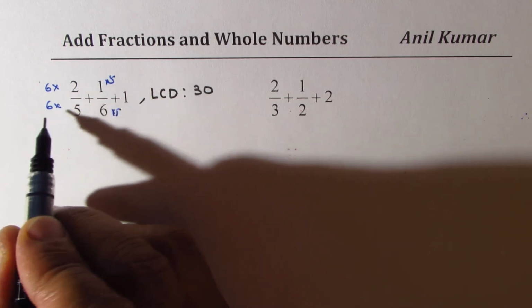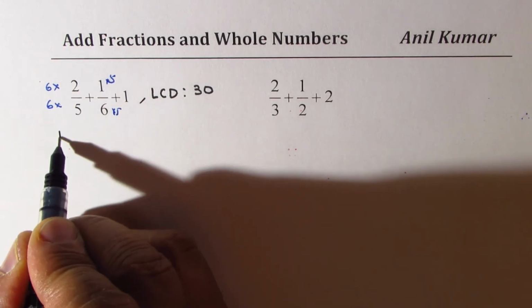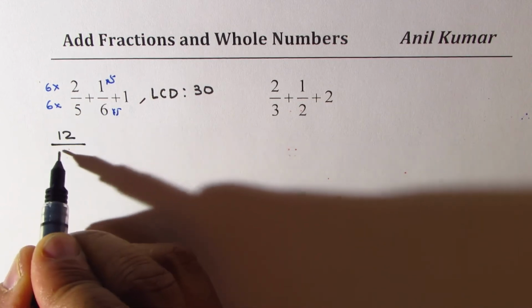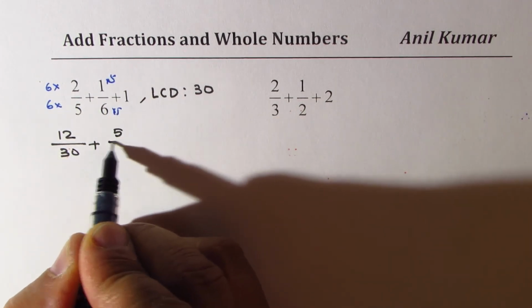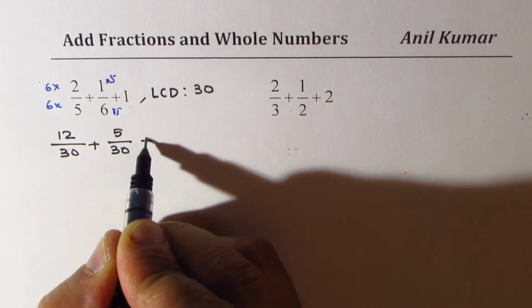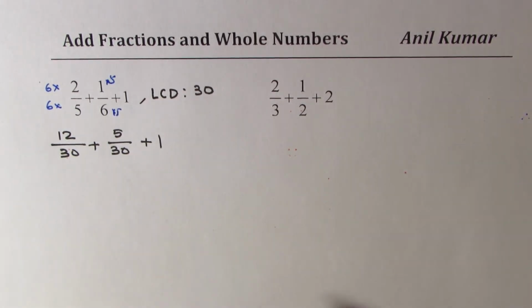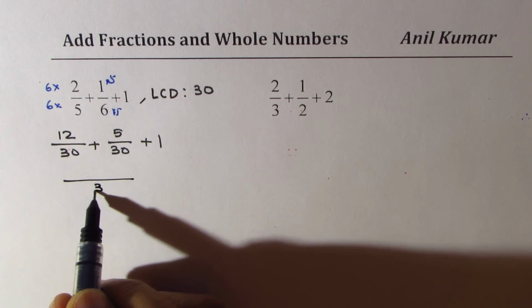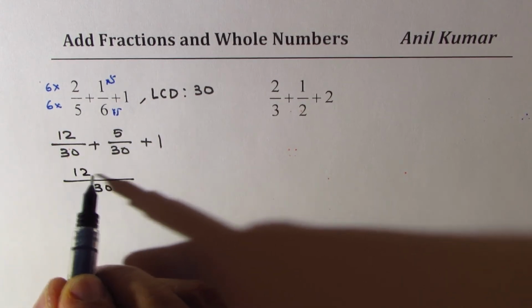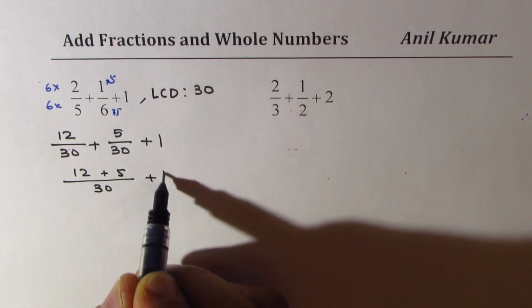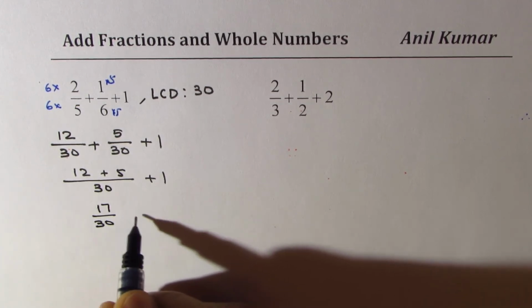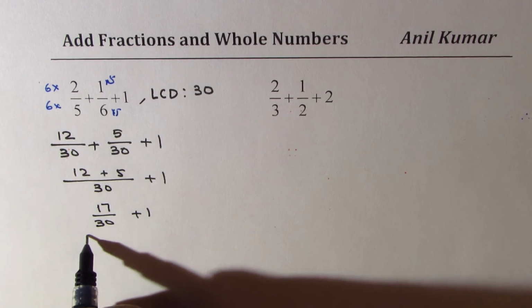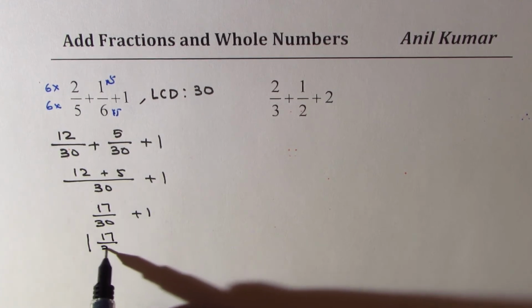So what we are doing here is multiplying by 6, we get 6 times 2 as 12, 6 times 5 as 30, plus 5 times 1 is 5 over 30, and then we'll add 1 later. So common denominator is 30, we get 12 plus 5, we'll add 1 later, perfect. So we get 17 over 30 plus 1 and write this as 1 17 over 30.